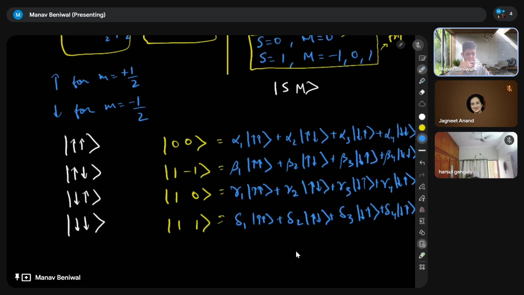These alpha, beta, gamma, delta are my Clebsch-Gordan coefficients. They mathematically connect my coupled states to my uncoupled states. That is the function that they are solving.